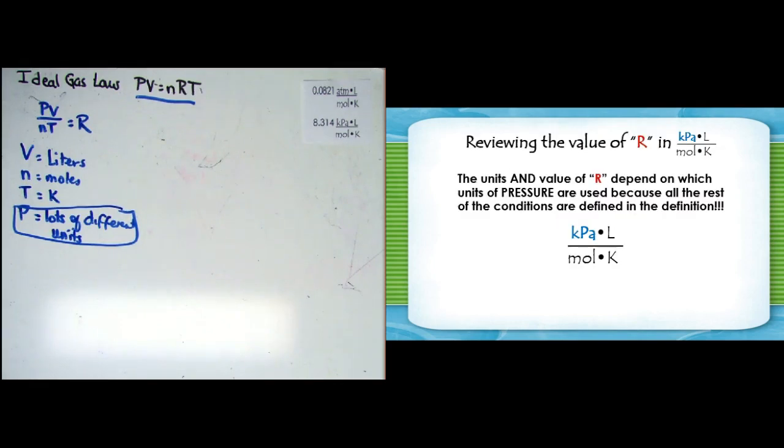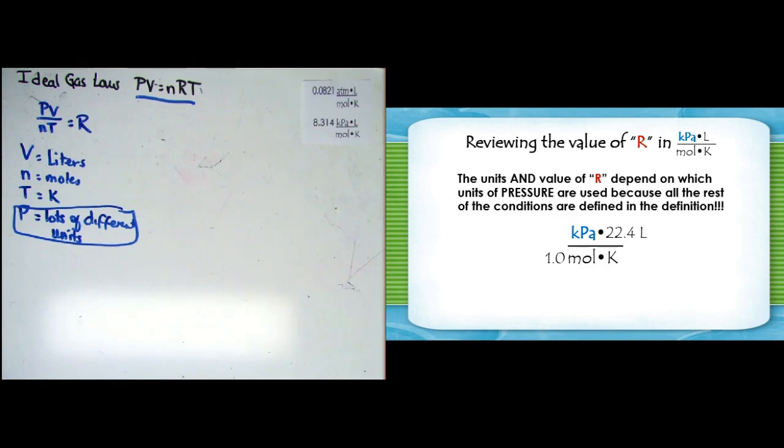There are two values of R that we're going to use. What we have to do is fill in the numbers, and please understand these numbers never change. That's why it's called a constant, right? The first number is 1 mole, because it is based on 1 mole of material at standard temperature and pressure. From Avogadro, we know that 1 mole of anything at standard temperature and pressure has a volume of 22.4 liters.